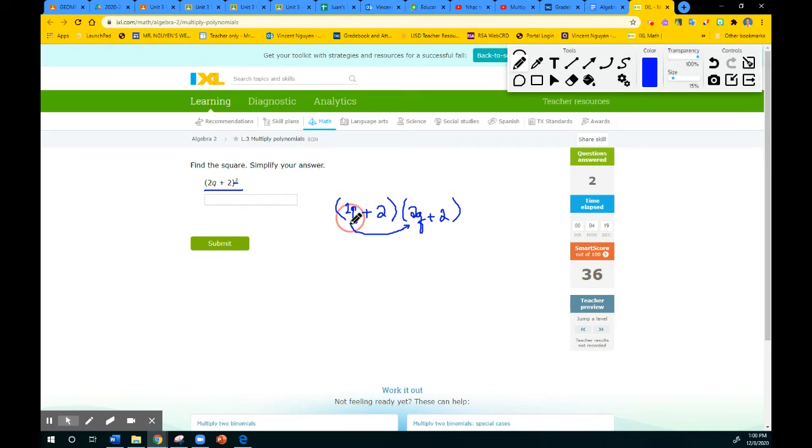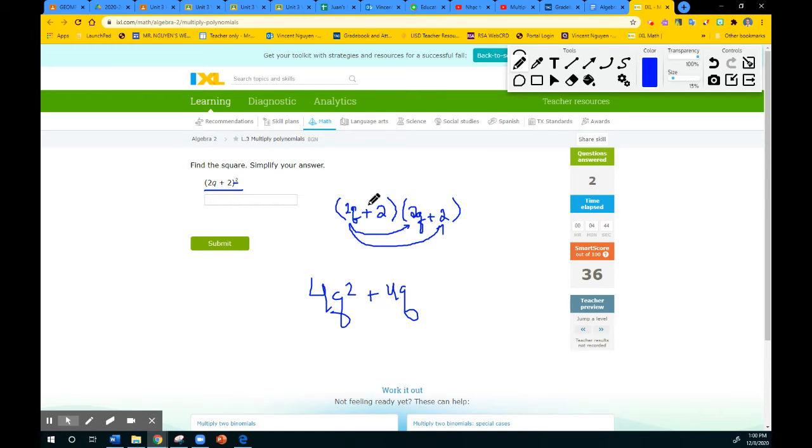So 2q times 2q and 2q times 2. So we're doing double distributive, right? So I'm going to write down my solution. So 2q times 2q, that's going to give me 4q squared, okay? And then 2q times 2 will give me 4q.